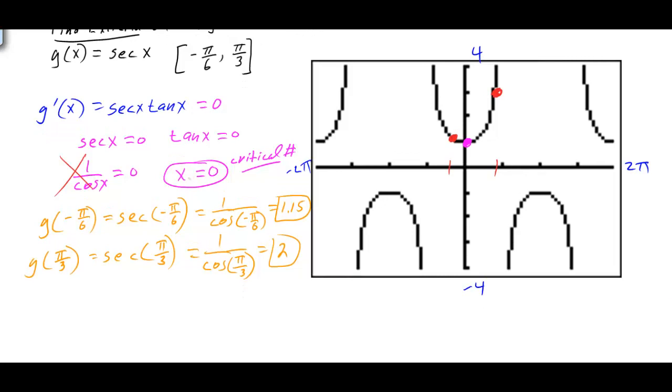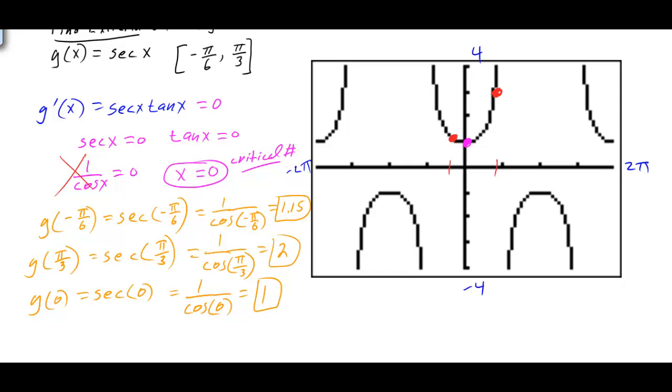And now we need to check our one critical number, which was 0. So if we plug 0 into the original function, what is the secant of 0? Well, that's 1 divided by the cosine of 0, and 1 over the cosine of 0 is equal to 1.